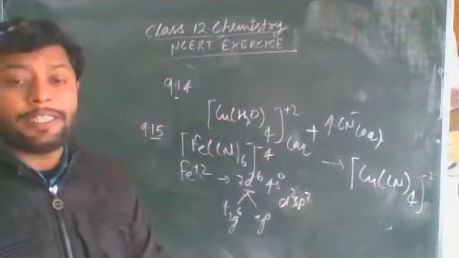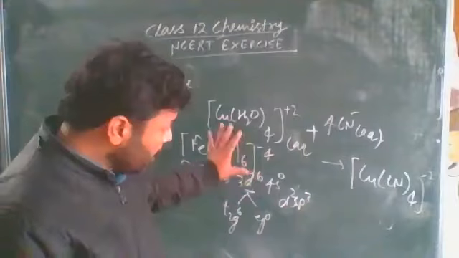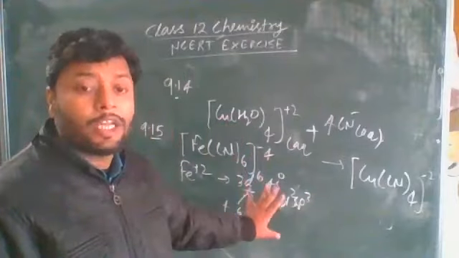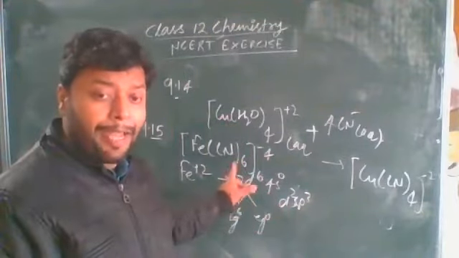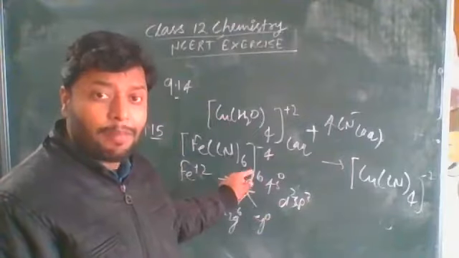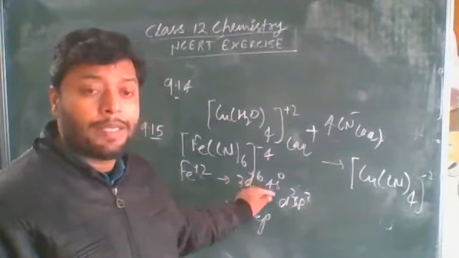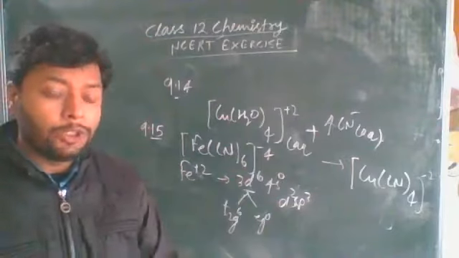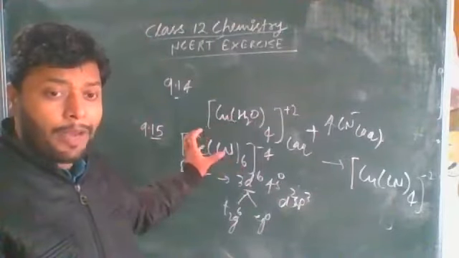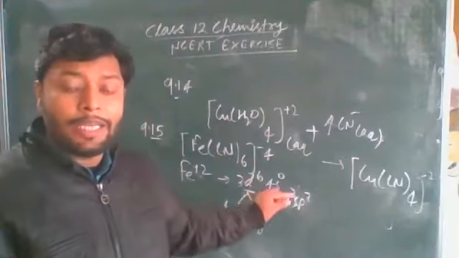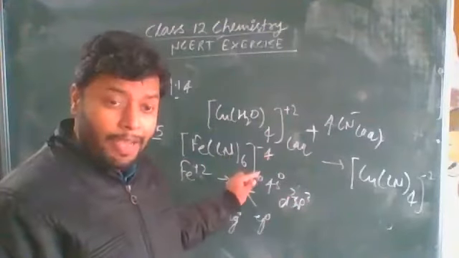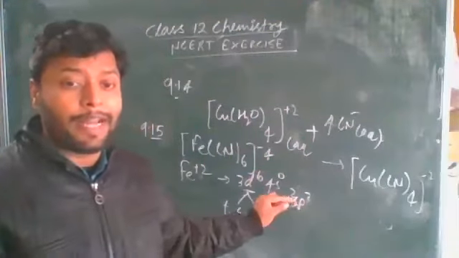This d2sp3 gives an inner complex, and because of pairing of electrons, there are no unpaired electrons, so there will be diamagnetic behavior. So this complex of iron with cyanide is an inner complex, diamagnetic, d2sp3 hybridization, +2 oxidation state.